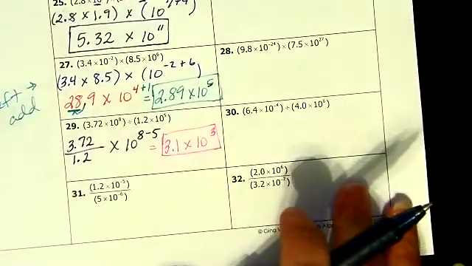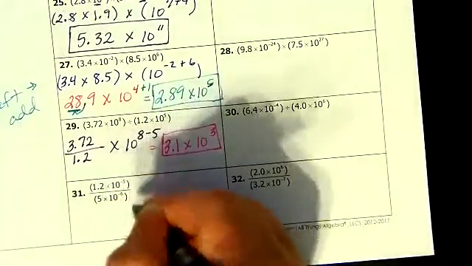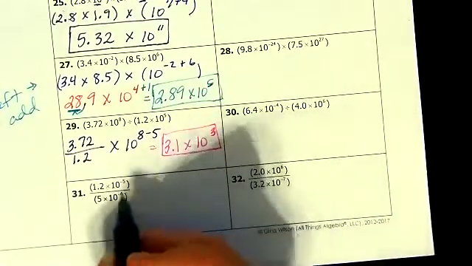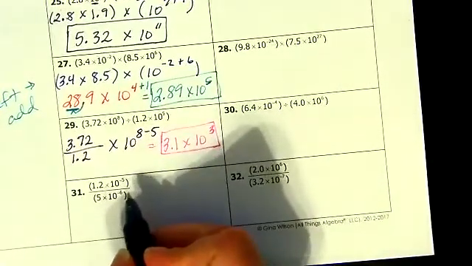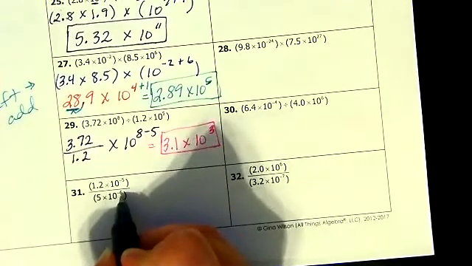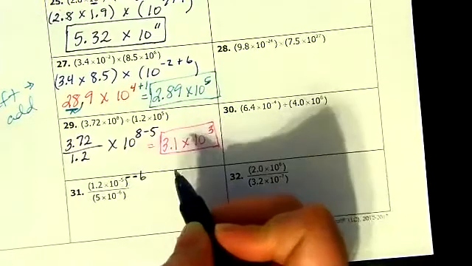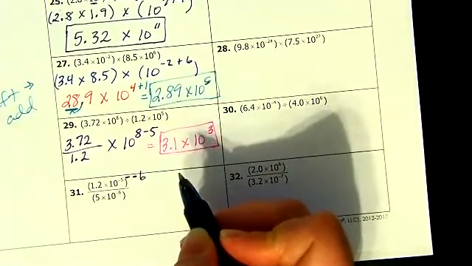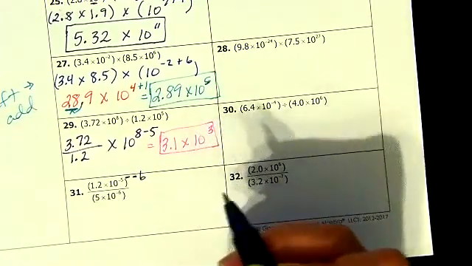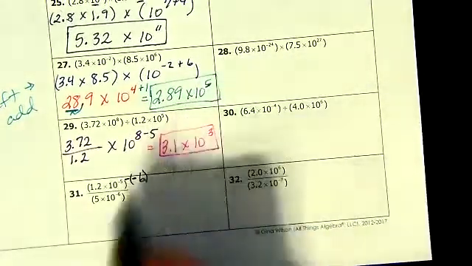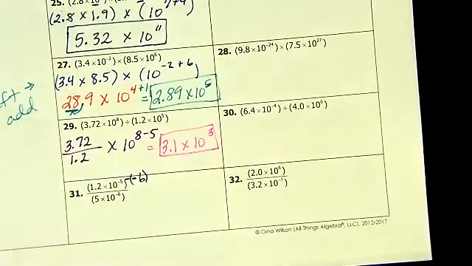All right, moving right along. Let's look at 31. It's already in this division form for me here. What I have to pay attention to here is I'm subtracting a negative 6. Since I'm subtracting a negative 6, that means I'm actually doing 1.2 divided by 5.